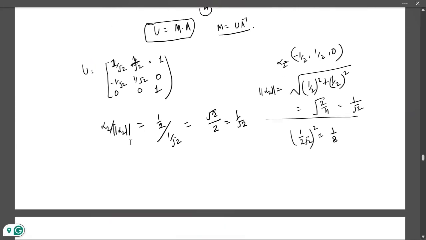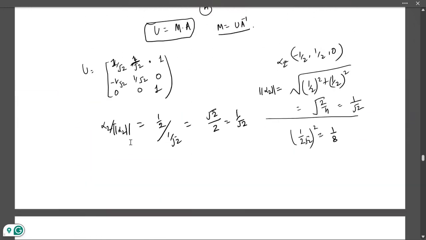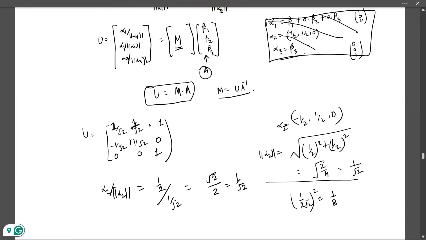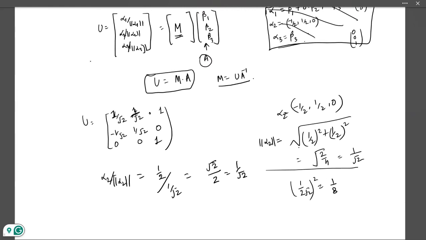Which option is correct? Alpha 2 is minus 1 by 2, 1 by 2, 0. But when we divide by norm alpha 2, the norm squared is 1 by 4 plus 1 by 4, oh, sorry, 1 by 2.